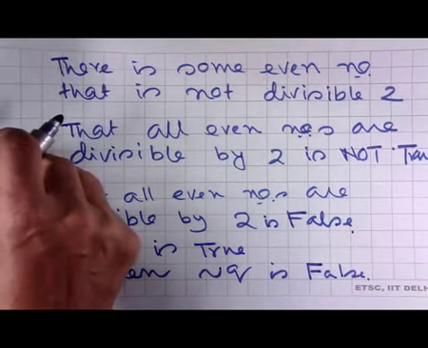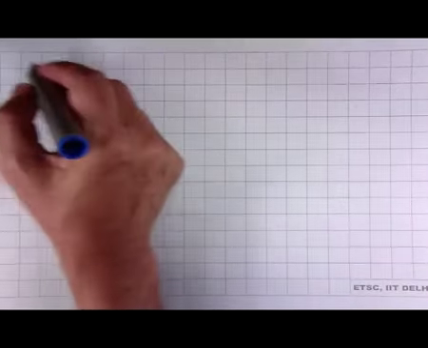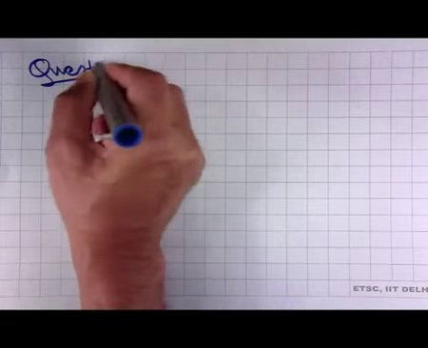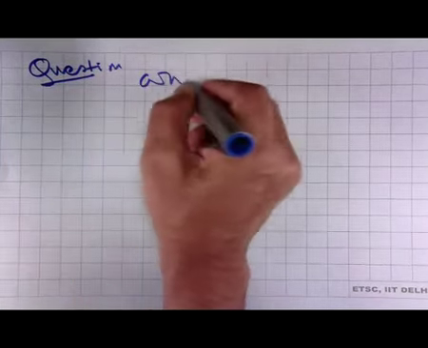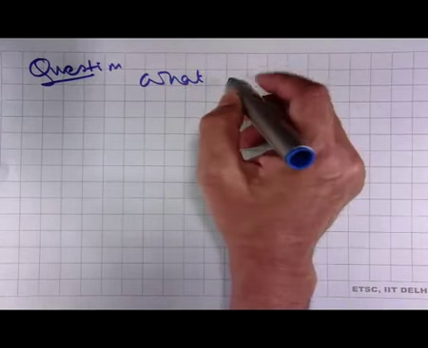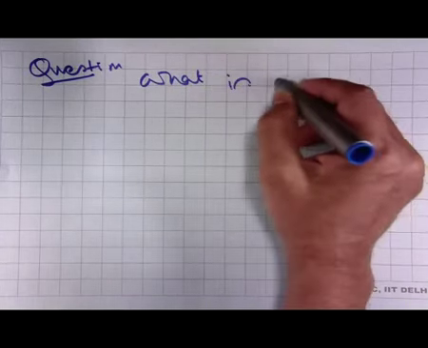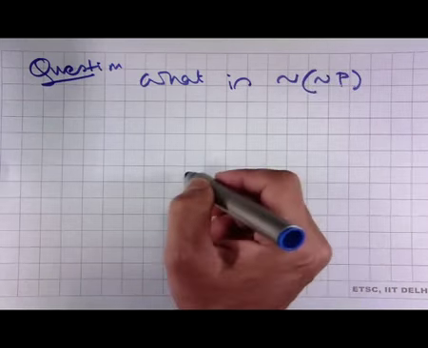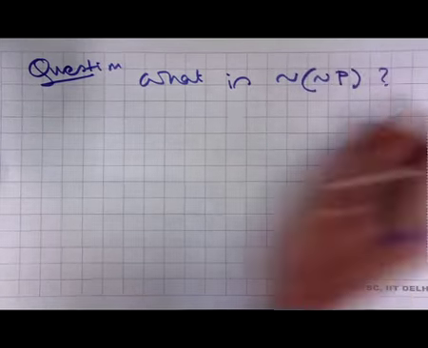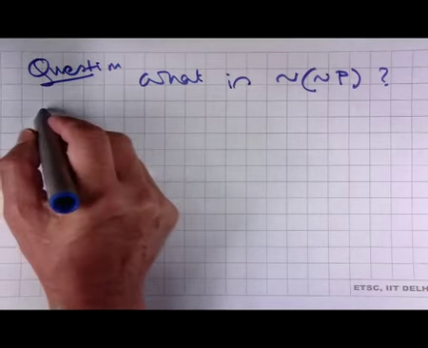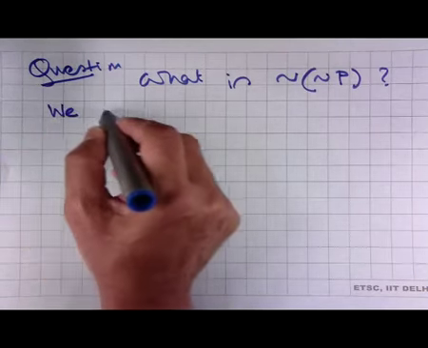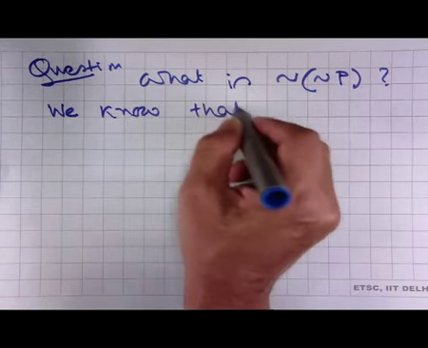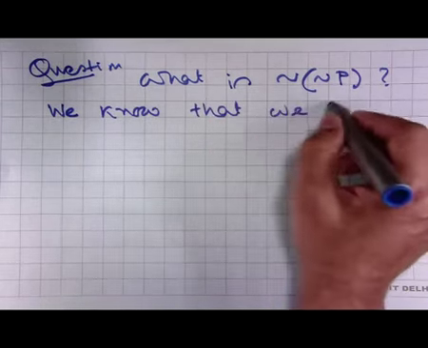Now, the question comes, what is not of not P? We know that we have the following truth table.